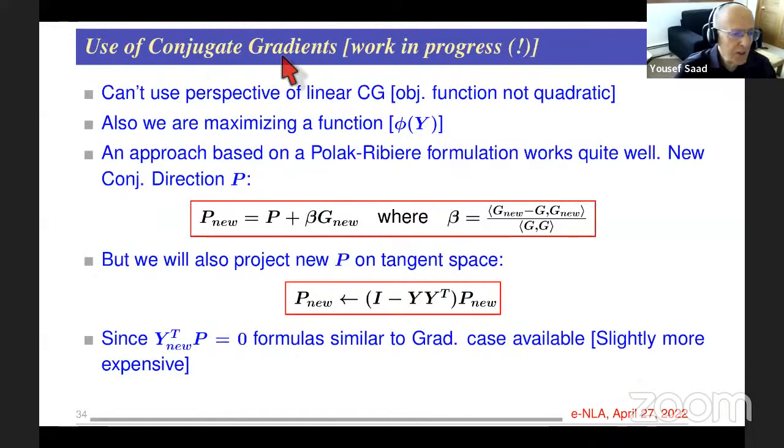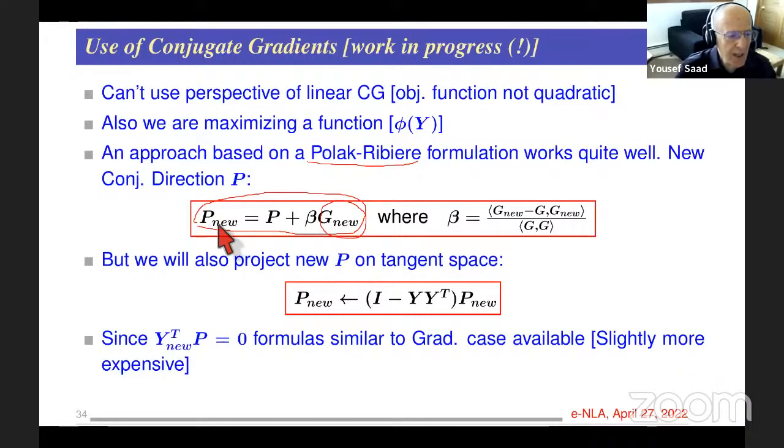You could also use conjugate gradient, obviously. So here I'm going to use this Polak-Ribière approach. In Polak-Ribière, you have essentially an update of this type, where this G combines the new G and the old G, and you have this beta that's set up here, and you combine the old P with the G new in this form, the new gradient.